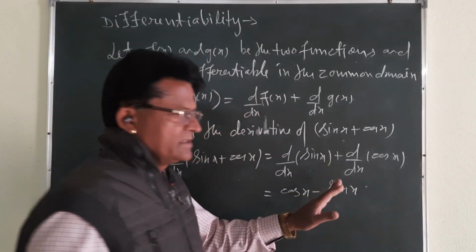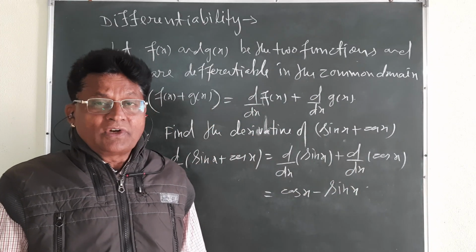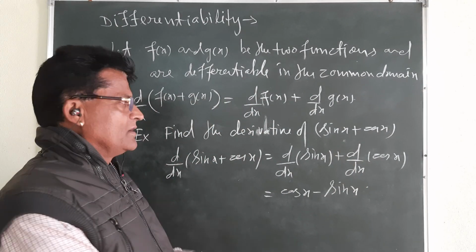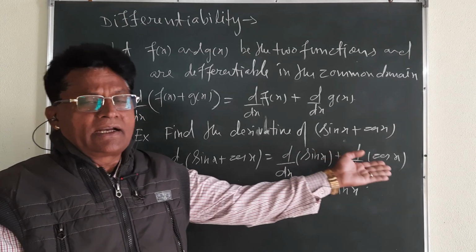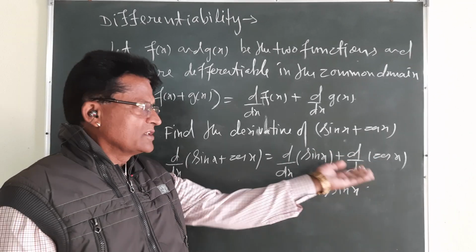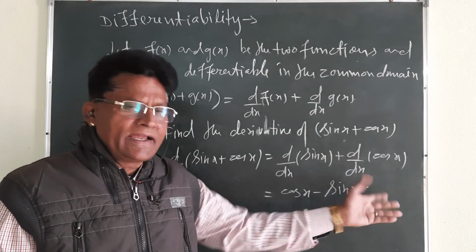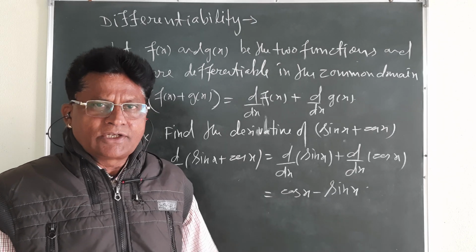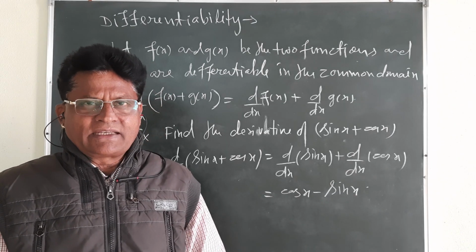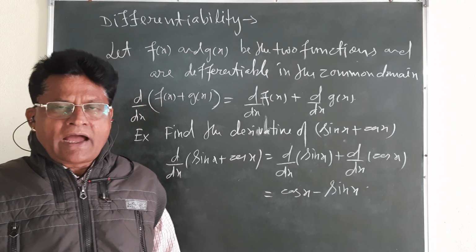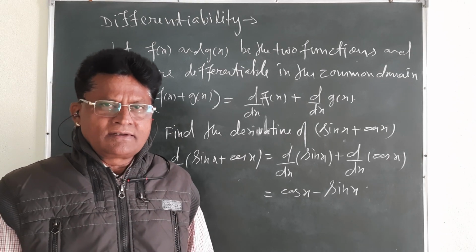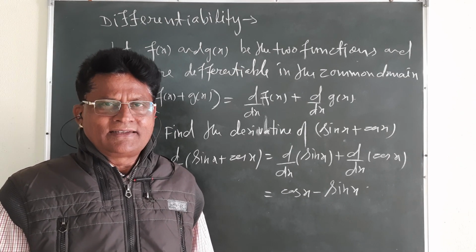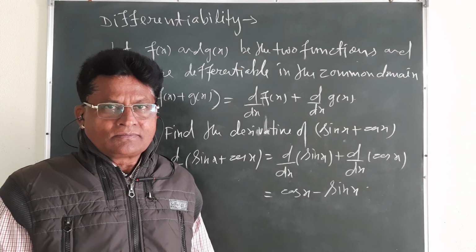Generally, students forget the differentiation of sin x and cos x, and for cos x they write sin x. They do not put minus sin x. That is why I am going to tell you one thing which is very important, just to remember.